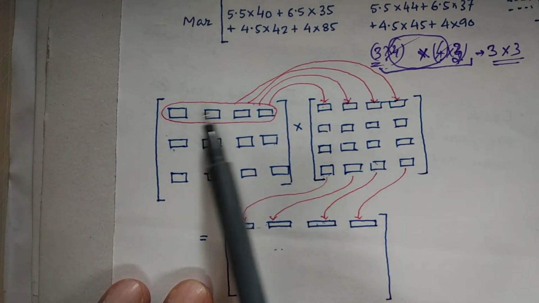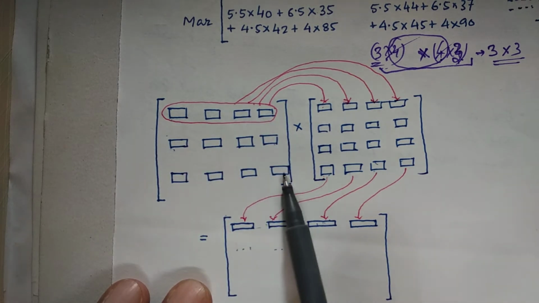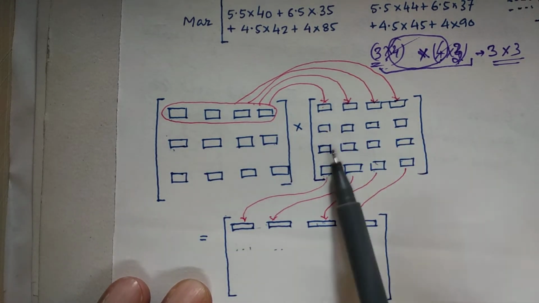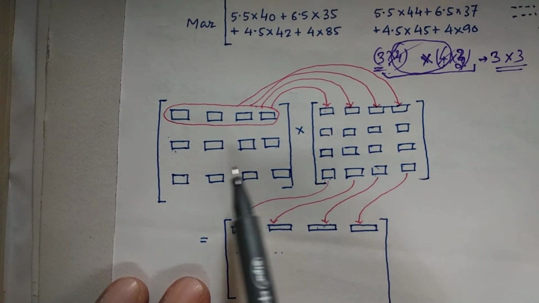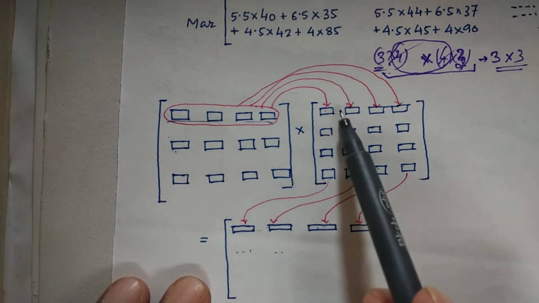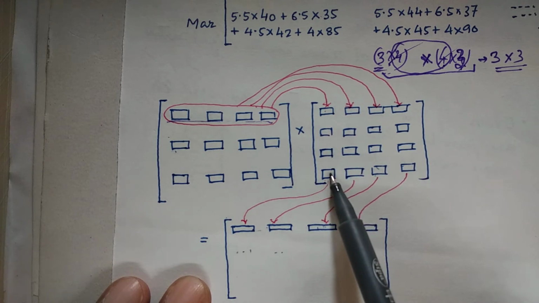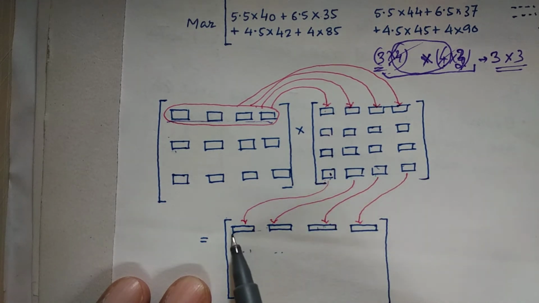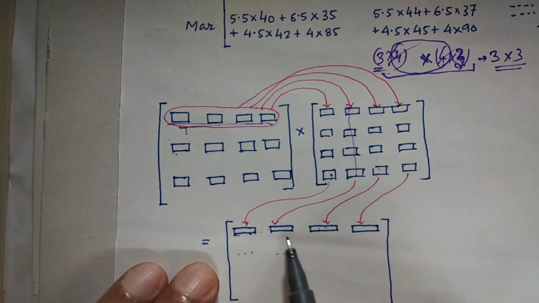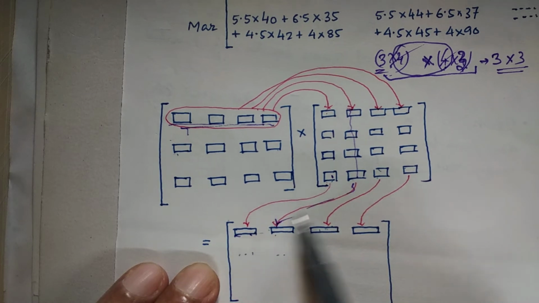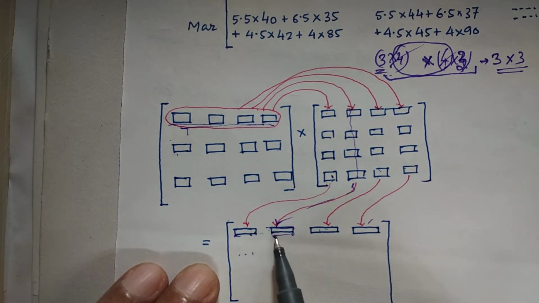Suppose this is one matrix, a 3 by 4 matrix, and suppose this is a 4 by 3 matrix. What will be the result? This row multiplied by this column will give you the entry here in the first row. Similarly, this row multiplied by the second column will give you the number here.